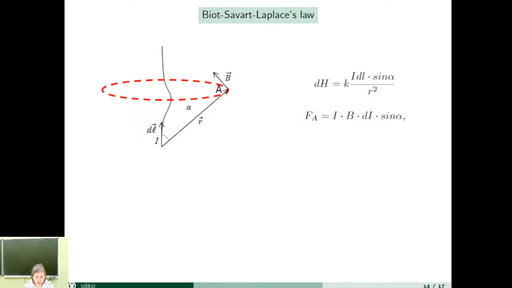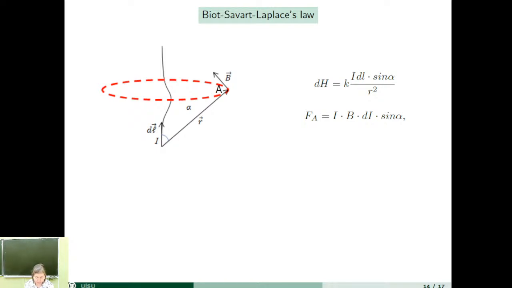It's a radius vector r at the investigated point P under this radius vector r and this point A. The field generated by the given current element is equal to this expression, dH. Alpha is the angle between vector dl and r.